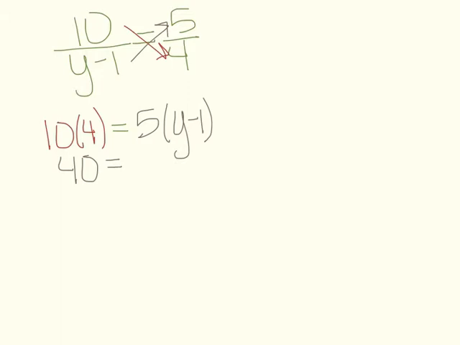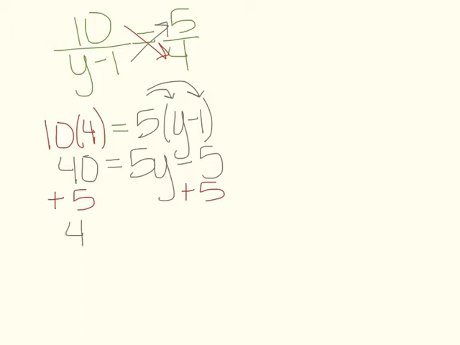This 5 times y minus 1, we've got distributive property. So 5 times y is 5y. 5 times negative 1 is negative 5. Get the constant terms on the same side of the equal sign. So we have 45 equals 5y. Divide both sides by the coefficient. And 9 equals y.